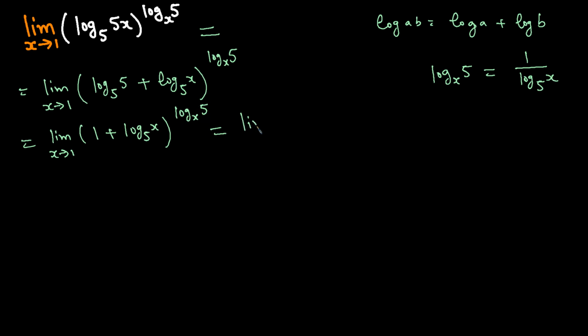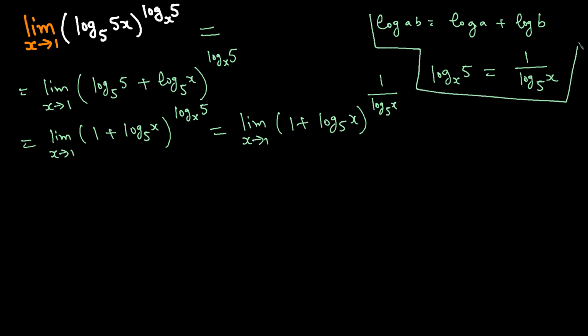So I get limit x approaches 1 of 1 plus log base 5 of x, raised to 1 over log base 5 of x. So these are again flashcard ideas. You can make a flashcard if you want to remember all of them, and use them wherever needed.